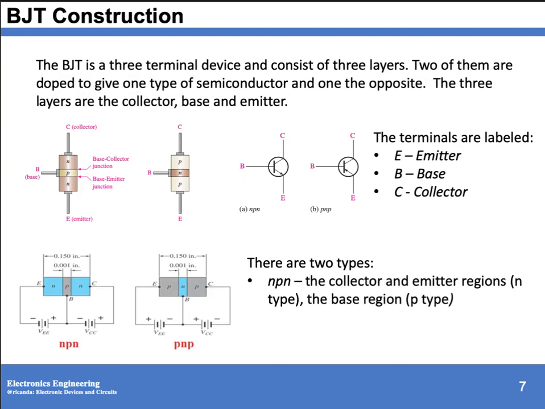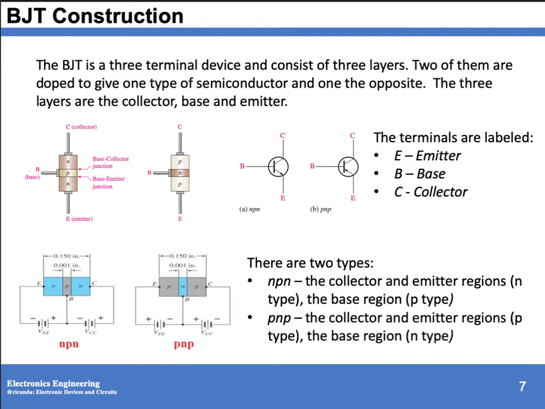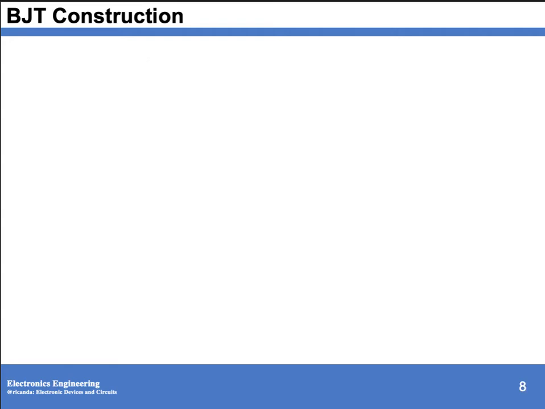In NPN, the collector and emitter have the same type. Since it is NPN, it has an N type, and the base region is the opposite, that will be your P type. For the PNP, the collector and emitter regions have the same type, that is positive, and the base region will be the opposite, and it is your negative type.